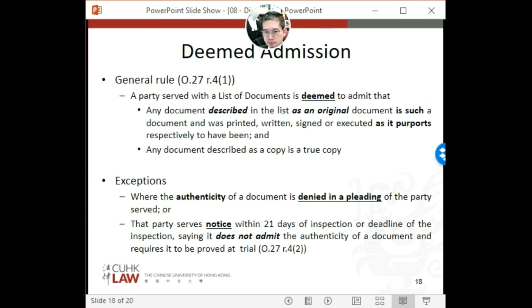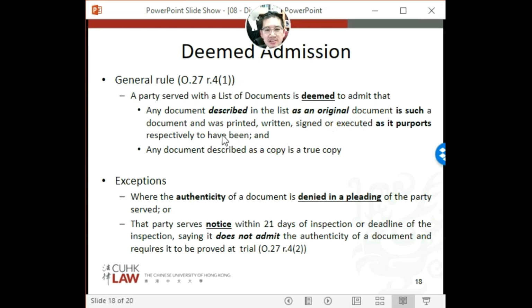Deemed admission. The general rule in Order 27 is that for anything listed in the list of documents, the other party is deemed to admit that they are true and authentic according to their description. If a document is described as original, then it is deemed to be original.